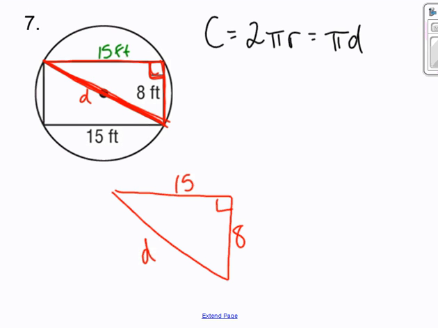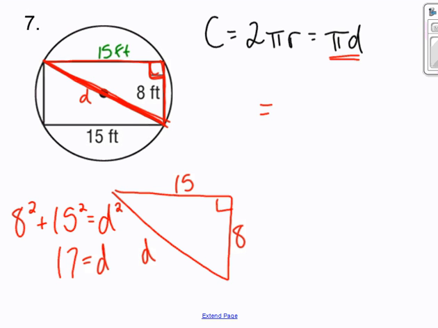This is a triple. It's not one as well known, but if you didn't know, you can solve for D and you'll get 17. But that is a triple. To find circumference, I'm using the pi times diameter formula, just because that's what I already have. So pi times 17, and I get 53.4.